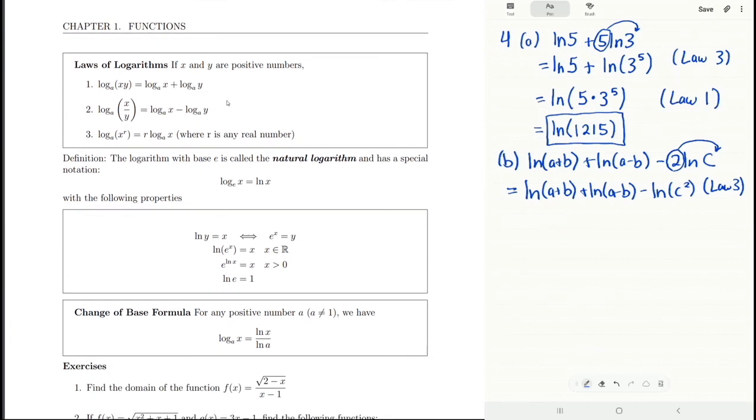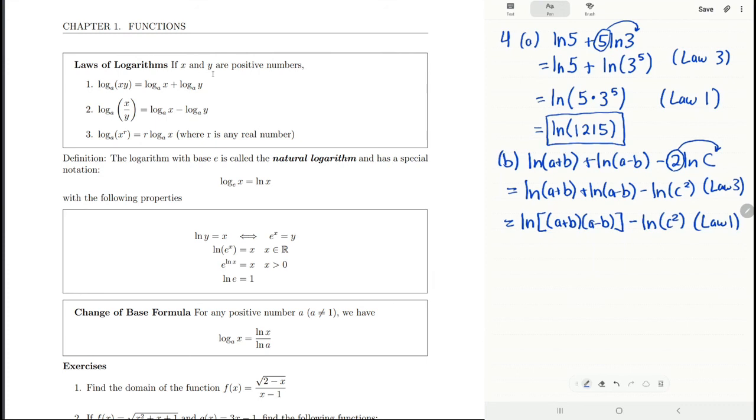And now if we use the first law on the first two terms, we can combine these as the natural log of a plus b times a minus b, and then we subtract the natural log of c squared. This is using law 1.